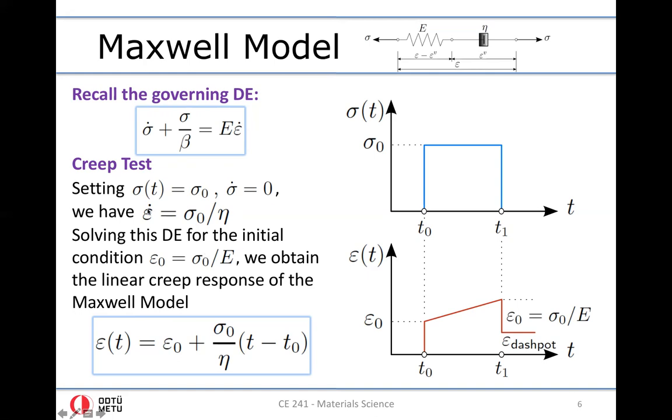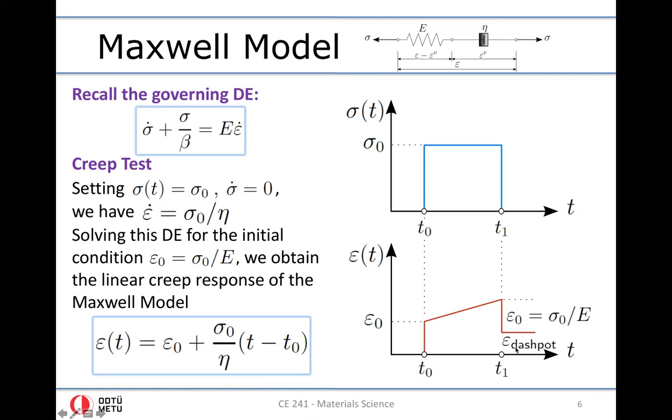Solving this differential equation for epsilon, with the initial value of the strain equal to sigma 0 over E, that is the instantaneous elastic strain, we obtain the linear creep response of the Maxwell model. This is nothing but the equation of the red line between t0 and t1.